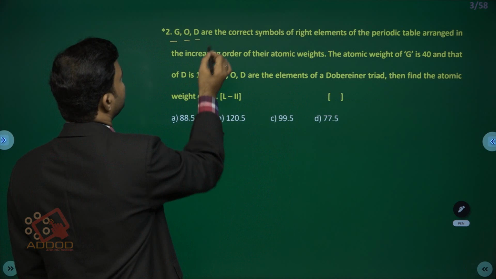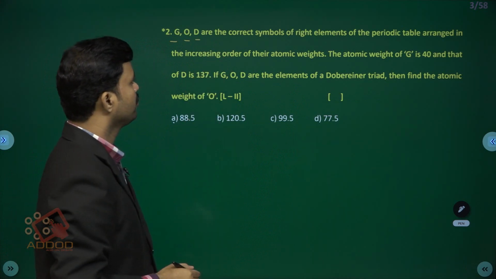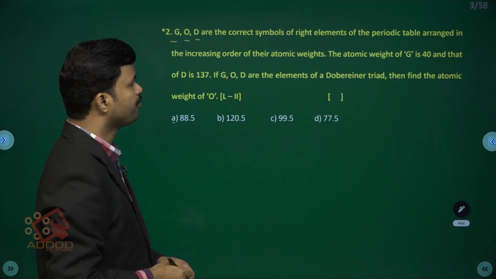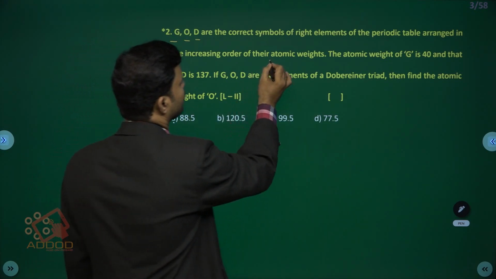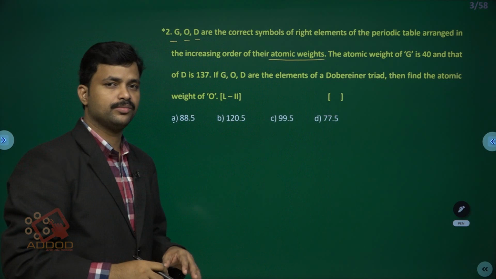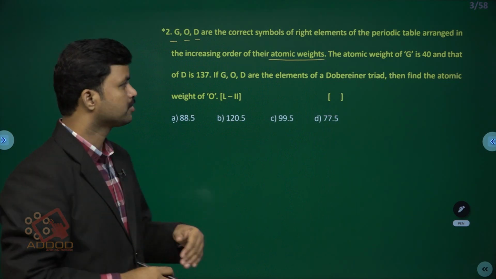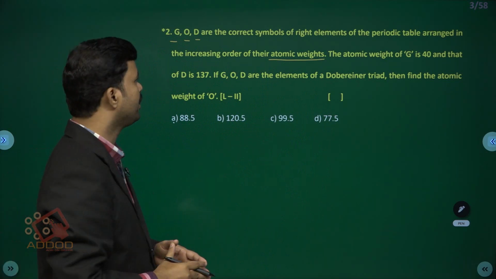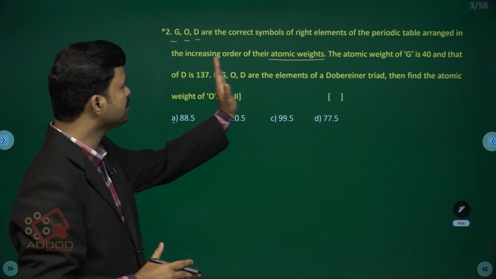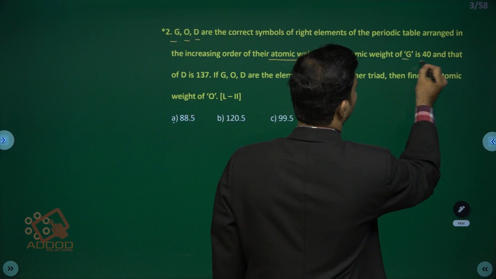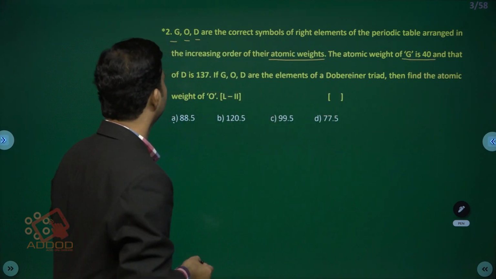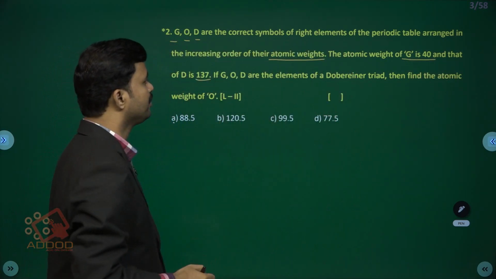G, O, D are the symbols of elements of the periodic table arranged in increasing order of their atomic weights. Suppose some elements with symbols G, O, D are arranged in increasing atomic weight order. The atomic weight of G is 40 and D is 137.